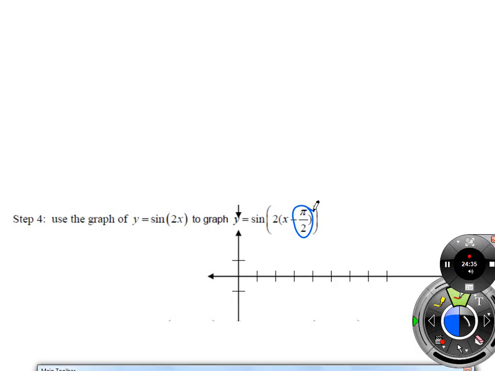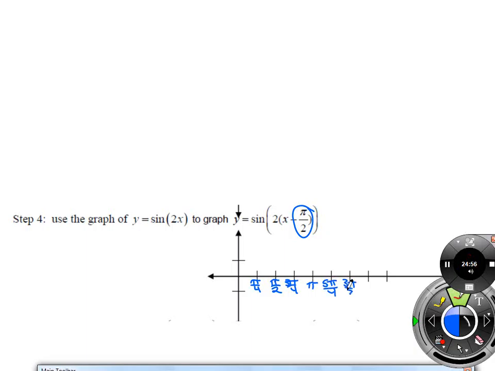Now I need to go and read my graph, and this is why it was important that I went back and numbered each tick mark. What really is pi over 2 on my graph? If you look at the way that we numbered it, how many tick marks does it take to get to pi over 2? 2, right?